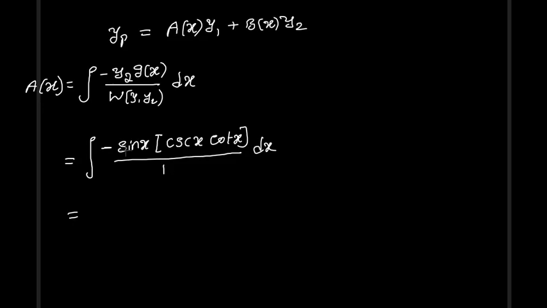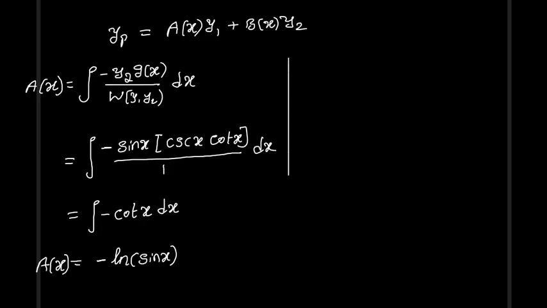Now you can cancel the sin x and cosecant x, and what you have is minus of cot x. You know that cot can be expressed as cos over sine, and the derivative of sine is cos x, which is there in the numerator. Therefore the integration will be minus ln of sin x. That's it. So we got a of x.